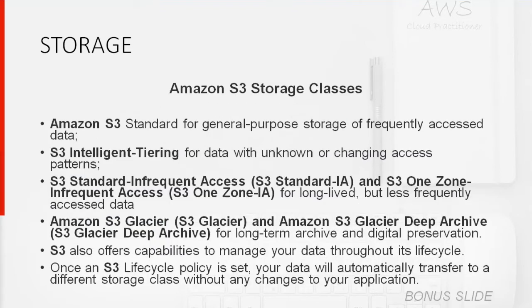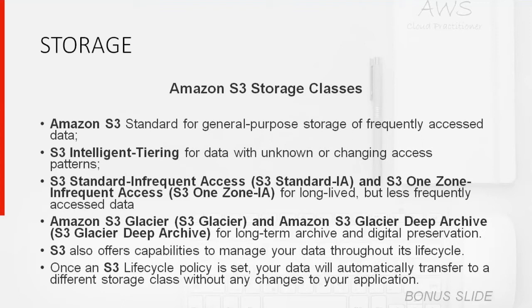Storage. Amazon S3 storage classes. Amazon S3 Standard for general purpose storage of frequently accessed data. S3 Intelligent-Tiering for data with unknown or changing access patterns. S3 Standard-Infrequent Access and S3 One Zone-IA for long-lived but less frequently accessed data.